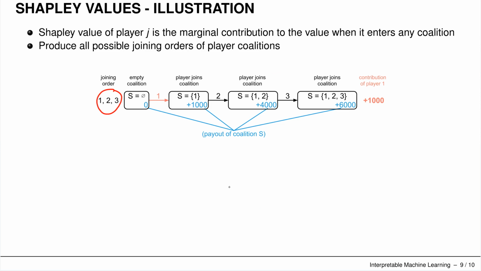So we have the empty coalition, so no player gets a payout of 0. That always has to be true. And if we now enter player 1, that's then only the red player. That was 1 star, so it is 1,000 euros. If we now also add player 2, then we have a set with 1 and 2, and that gives a payout of 4,000.